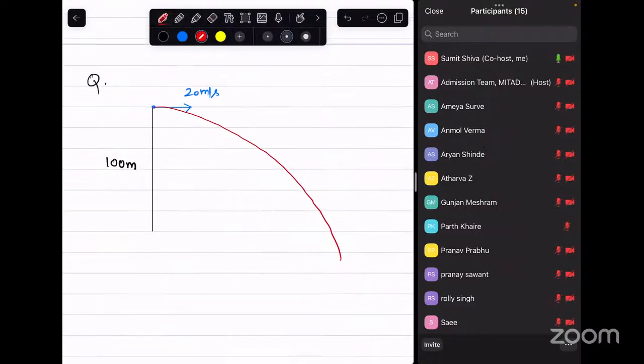And the question is, how much time does it take to reach the ground, and how far from the building it will hit the ground?